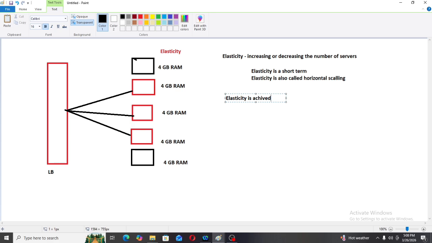Now what is auto scaling? Auto scaling means scale out or scale in.